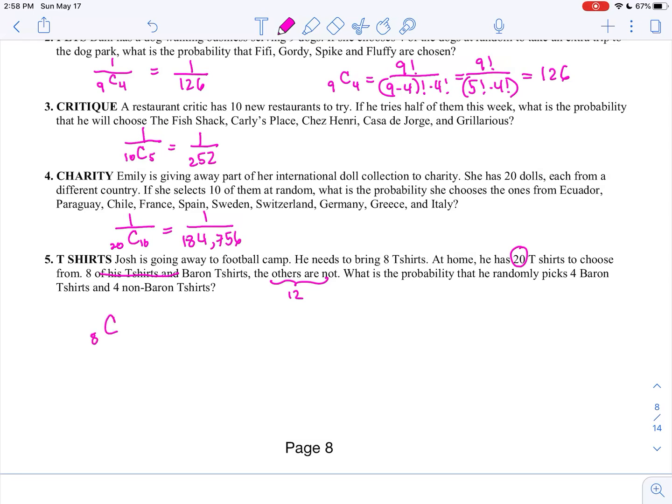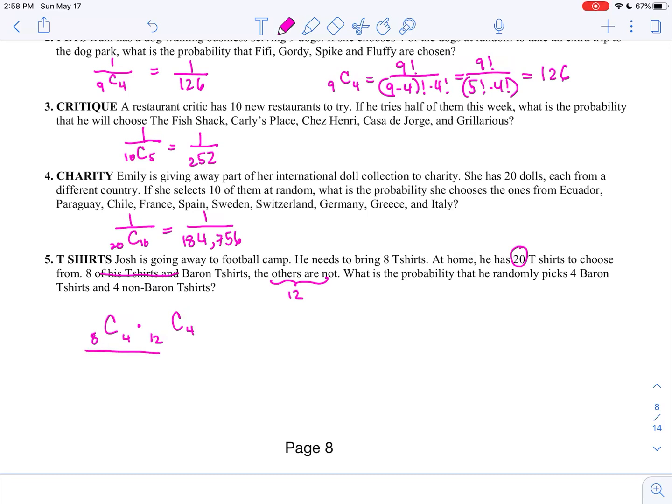The combination for that, because order doesn't matter, is 8 choose 4. And then what we do is we're counting all the possibilities of a favorable outcome. So the other part of this is that we're multiplying it by the other event, which is that there are 12 non-Baron t-shirts to choose from and 4 are chosen.